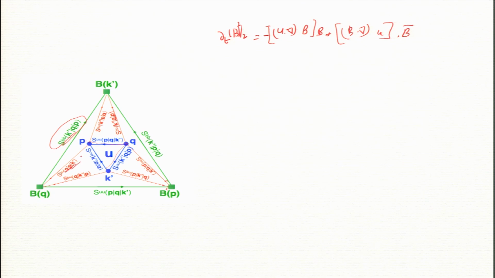We write this as SBU. Our notation is right to left: the giver is on the right, the receiver is on the left. That is the notation we need to keep, and we write K prime PQ. So P is the giver, K prime is the receiver, and we have red lines which are U to B. Is there energy transfer from B to U?